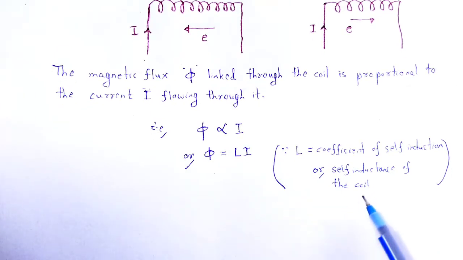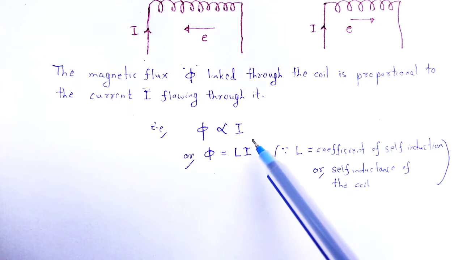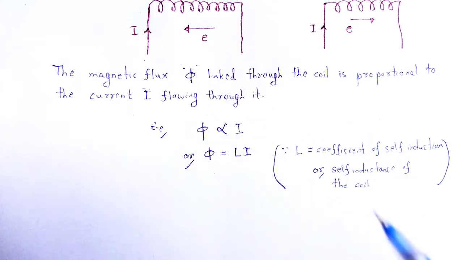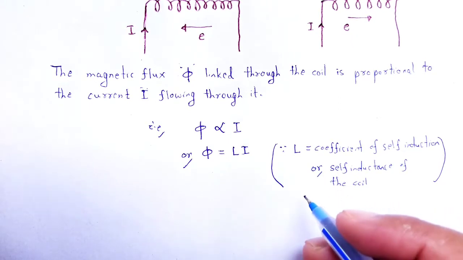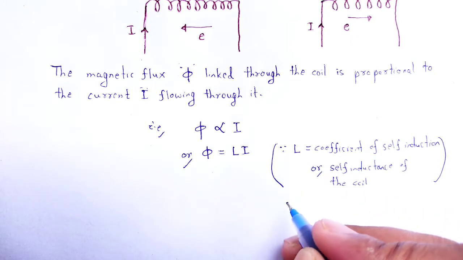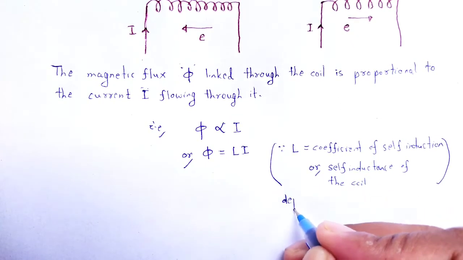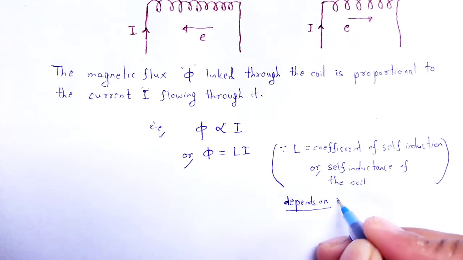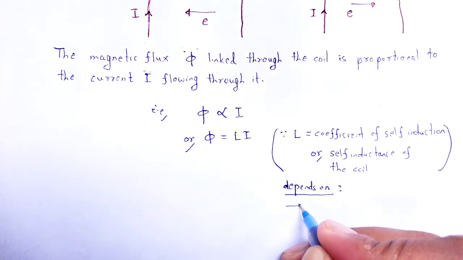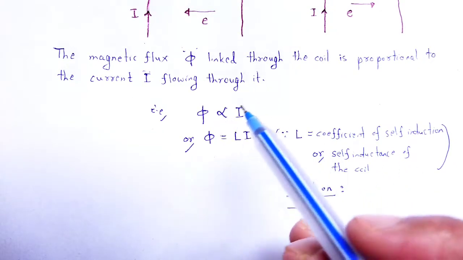Look here, the self inductance of the coil depends upon which factors? The self inductance of the coil depends on the number of turns of the coil.